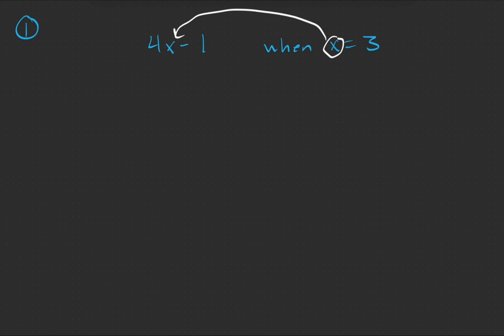So if we pull this down here, we're going to do 4 times our value of x, which in this case is 3. So 4 times 3 minus 1. We simplify the math, so we do 4 times 3, which is 12, minus 1, which gives us 11. So this expression evaluated to be 11.